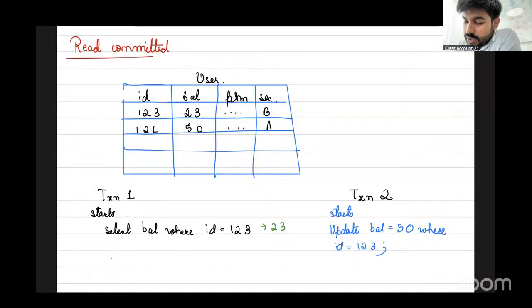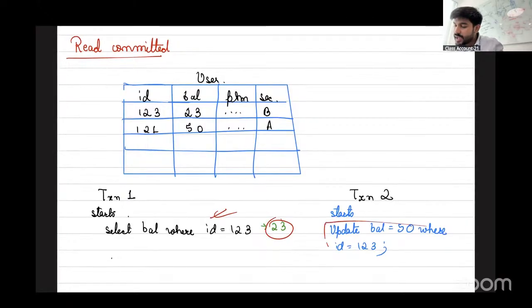Okay, what is read committed? Reads within the same transaction always get a fresh value. Repeatable reads within the same transaction are consistent, but here they are not. This just means, what would happen if you set the isolation level to read committed? While this transaction ran, it returned 23.